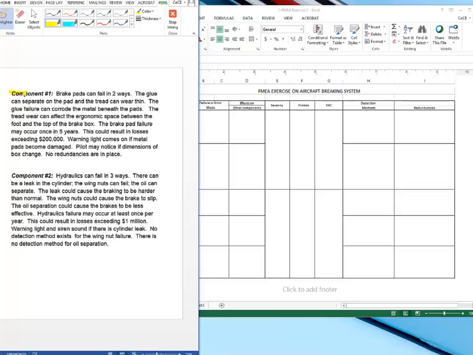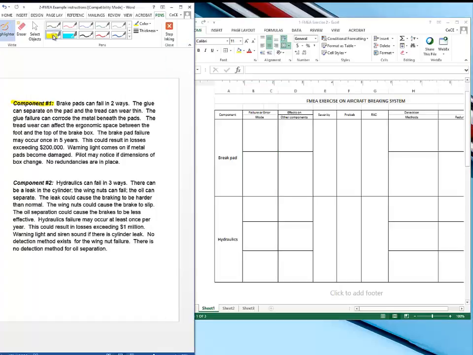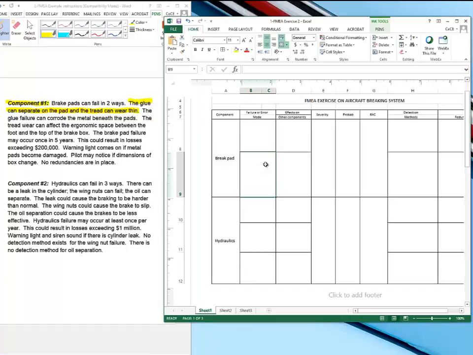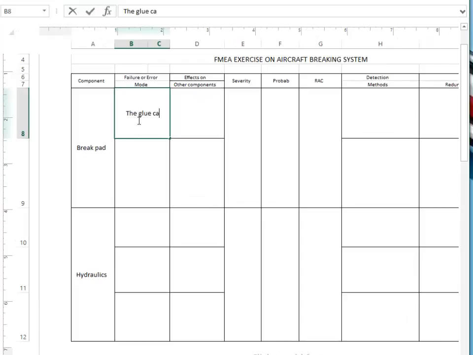So let's look at component number 1, which is the brake pad. The brake pad can fail in 2 ways. The glue can separate on the pad and the tread can wear thin. So our first way is the glue can separate on the pad.